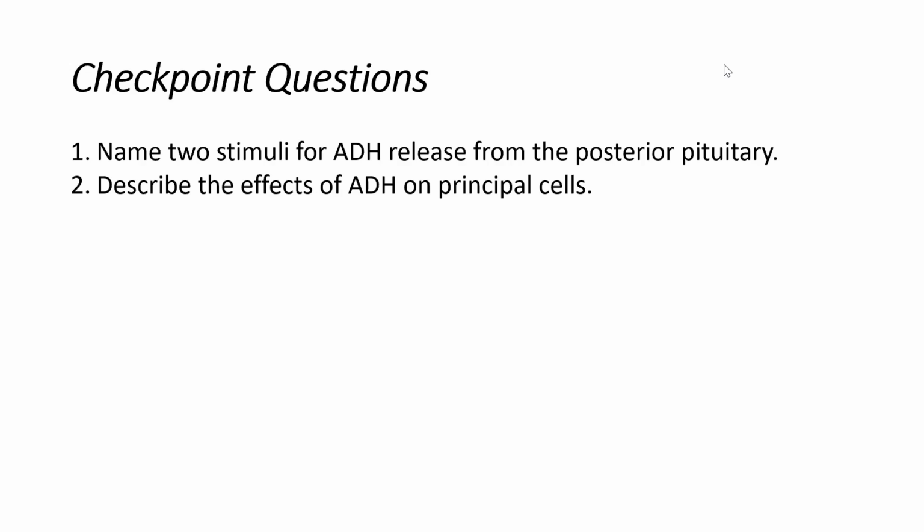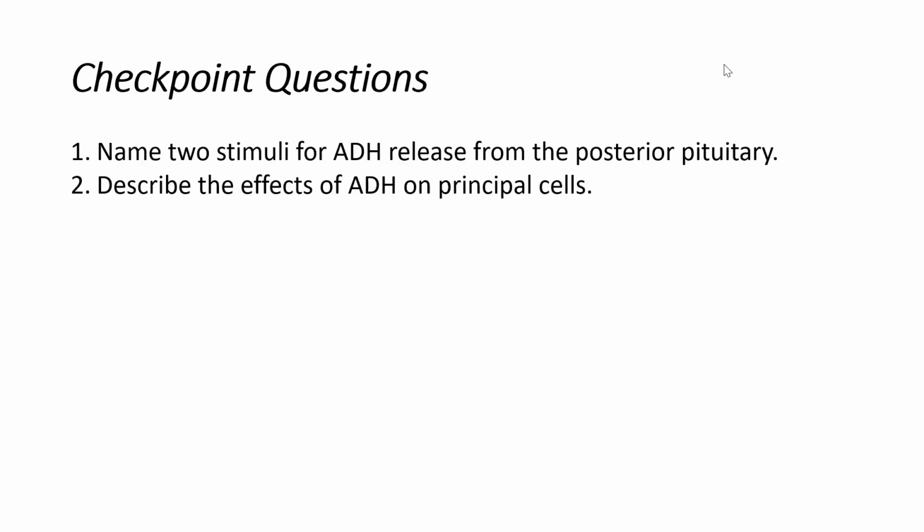And the second question, describe the effects of ADH on principal cells. So just to reiterate the flow here, principal cells are located in the distal tubule and collecting duct. They have these specific receptors for ADH. So when ADH binds to this principal cell, via that second messenger pathway, we go from that receptor, adenylyl cyclase, cyclic AMP, our protein kinase, and then we insert more aquaporin 2 channels into the apical surface of the membrane.